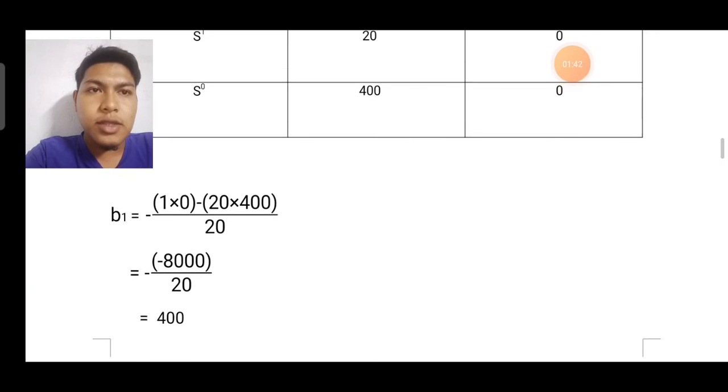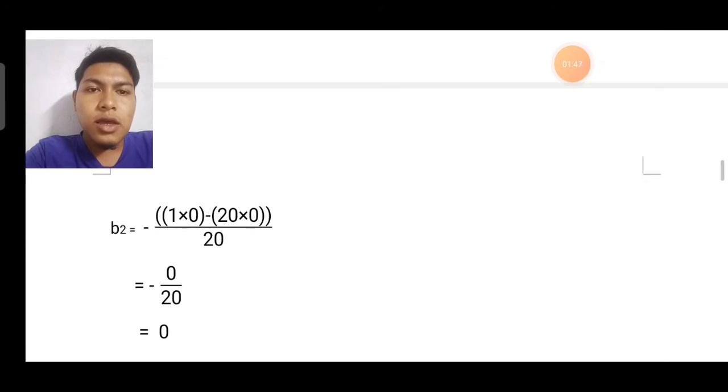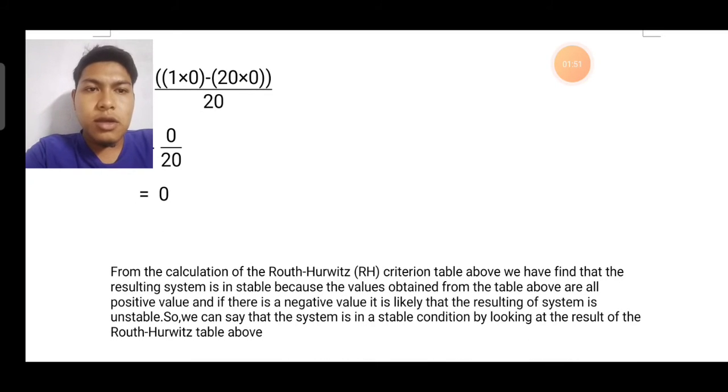I got 400 for s^0, and for B2 I got 0. So from the calculation of the RH criterion table above, we find that the system is stable because the values obtained from the table are all positive, and if there were a negative value, the system would likely be unstable. So we can say that the system is in a stable condition by looking at the result of the table above.